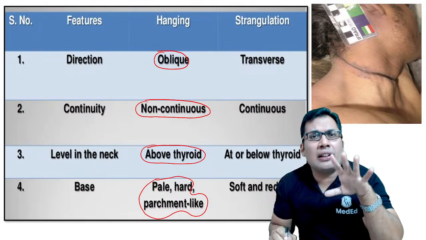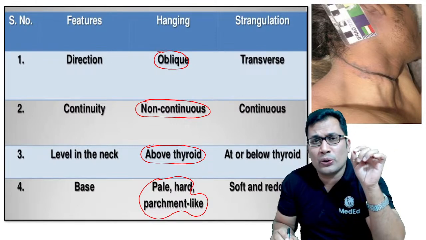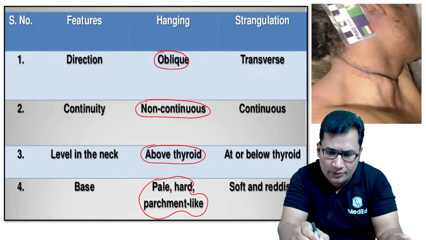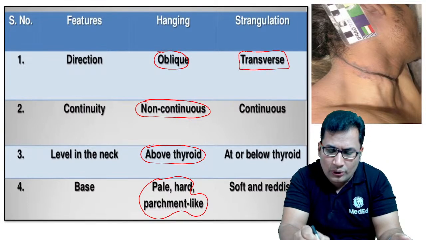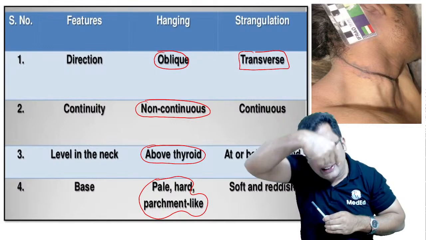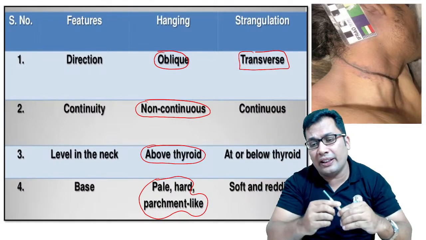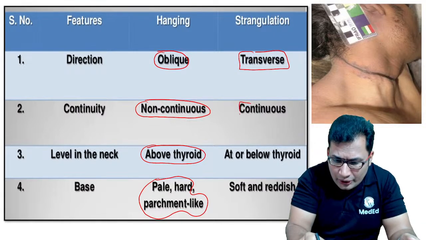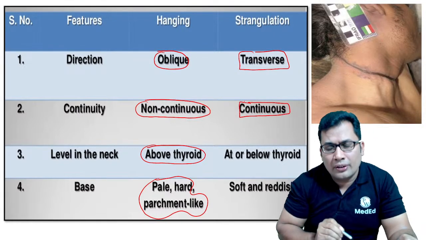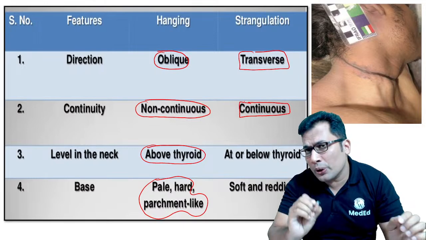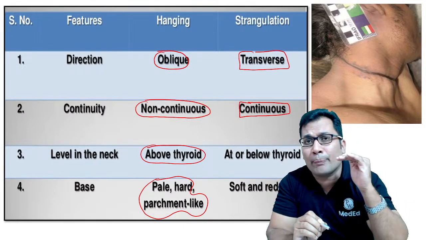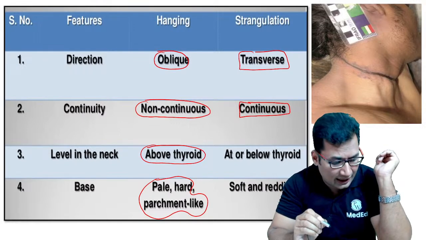In case of strangulation, especially ligature strangulation, it is transverse. The ligature mark completely encircles the neck in case of ligature strangulation, and it is continuous. And in most cases, in my experience, it is at or below the level of thyroid cartilage.